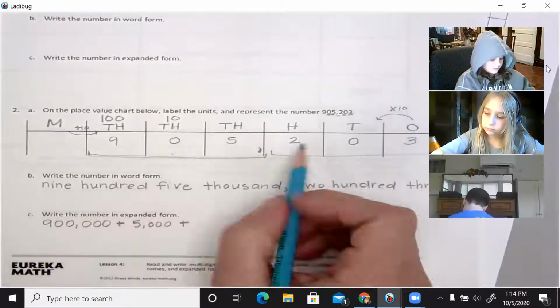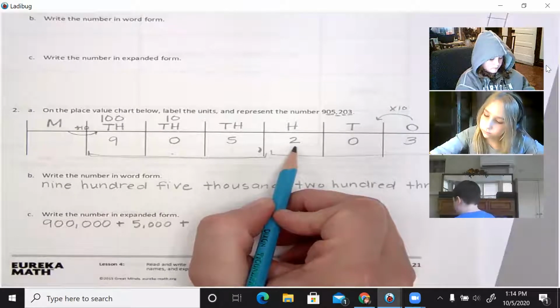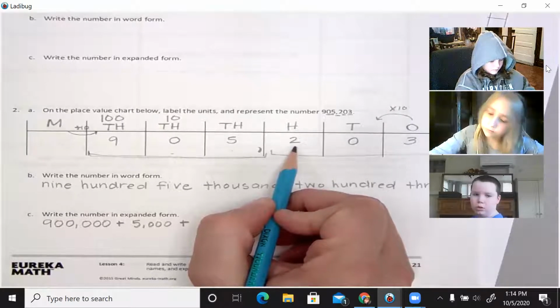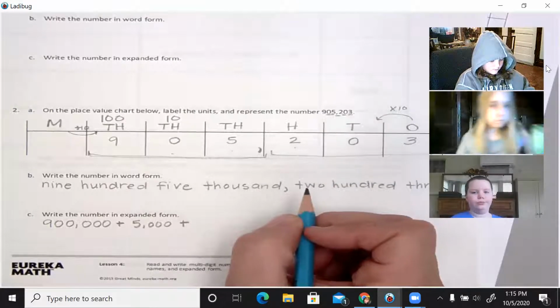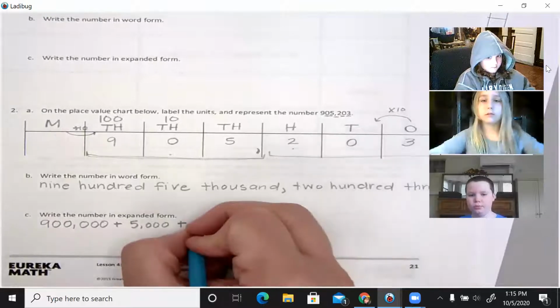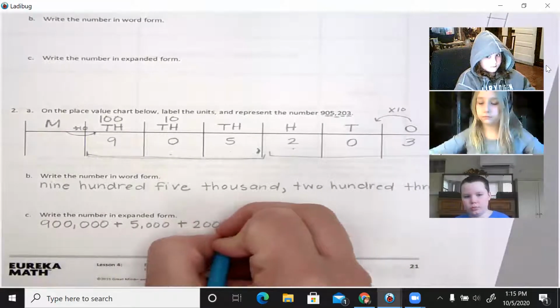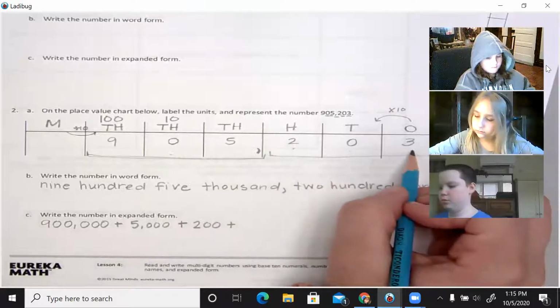And I'm going to add to that. What comes next? I have a 2 in the hundreds place. Soren, what's the value of this 2? Hundreds. But there's 2 of them, so what's the value? 200. Very good. I don't need to include a 0 tens, but I do have a 3 here.